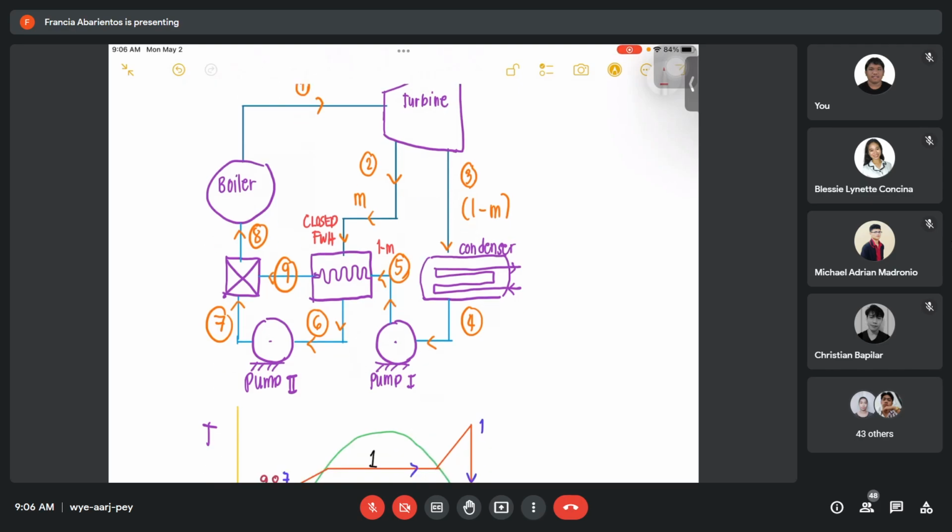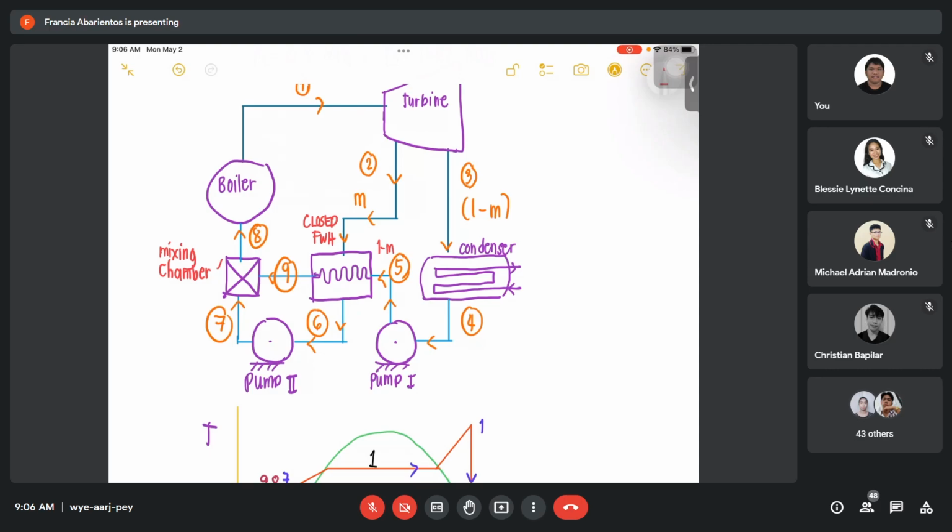Ito na po. Kung kanina, we have an open feed water. Ito, class, pag sa closed feed water, saka pa lang, after leaving the closed feed water, saka pa lang sila mag-mix dito sa tinatawag na mixing chamber. Ito, class, yung mixing chamber natin.